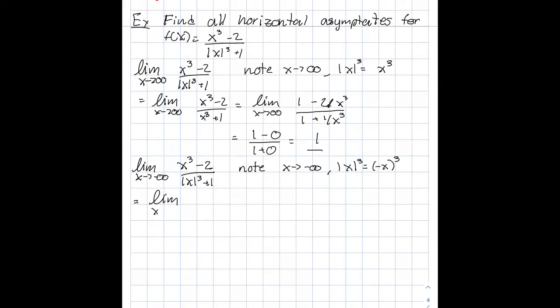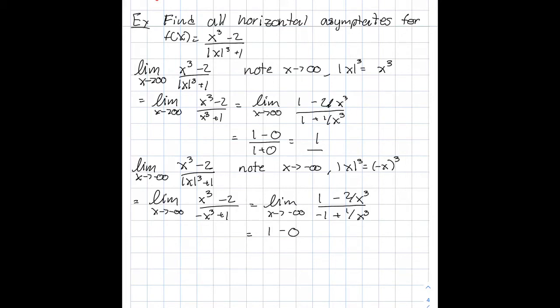So that's equal to the limit as x approaches negative infinity of x cubed minus 2 over negative x cubed plus 1. Just equal the limit as x goes to negative infinity. We divided by x cubed again in the denominator and the numerator. And we'll get 1 minus 2 over x cubed, over negative 1 plus 1 over x cubed.